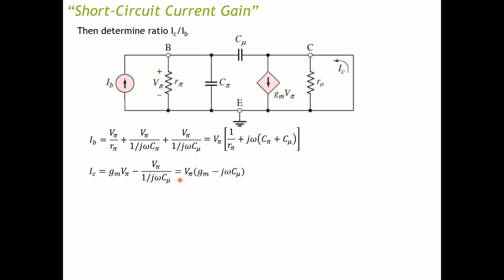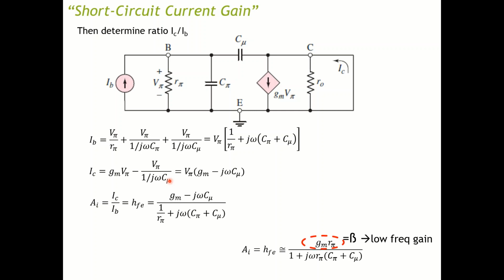After having V pi factored out, you have a function for IC and a function for IB. Both of these functions are in terms of V pi, right? So you can divide one by the other and cancel out V pi, and this is what I'm gonna do here. I'm gonna figure out my current gain, and another term for current gain is hFE, in the h-parameter model. You can look it up. But now I have the expression for my current gain.